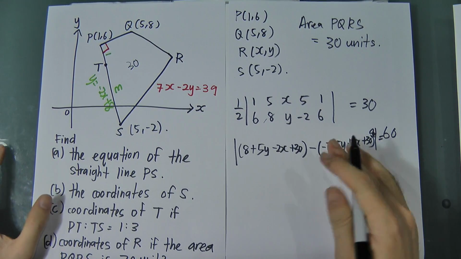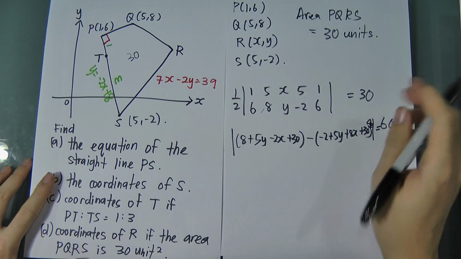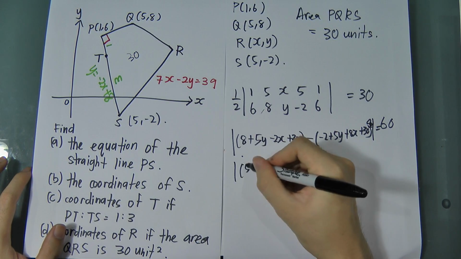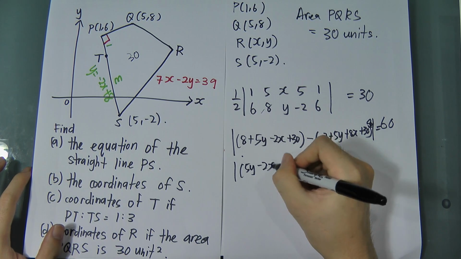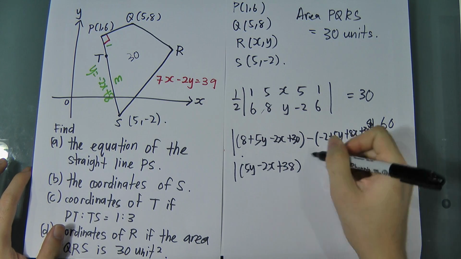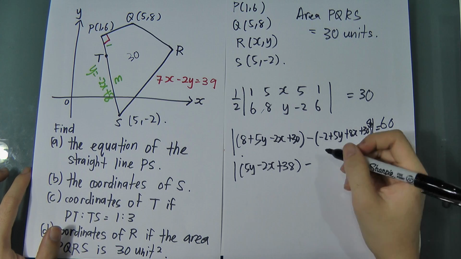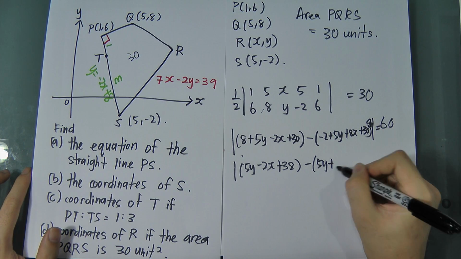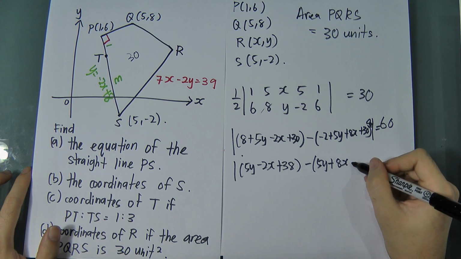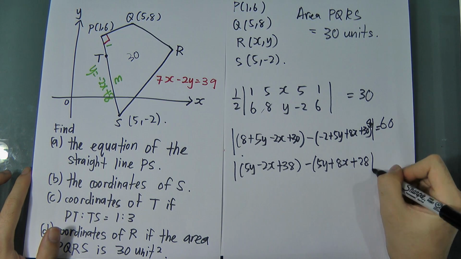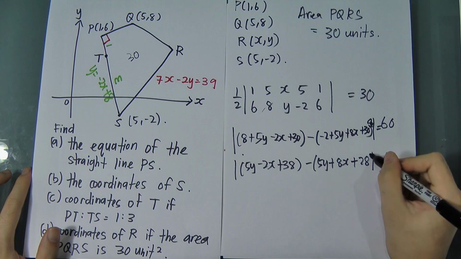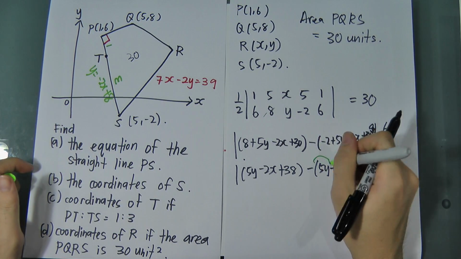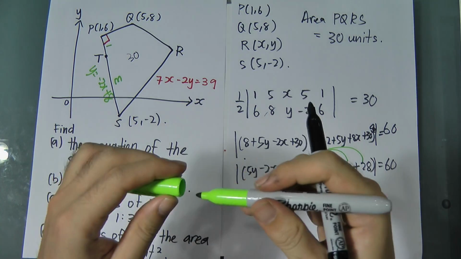Alright, so I'm going to solve this one. When I solve this, number and number, of course, this one is 38. So from here I know 5y minus 2x plus 38, and then minus, I solve this one, negative 2, 30. This is 5y plus 8x plus 28 equals 60. Right, now I have to multiply the negative into all of it, just to make sure.